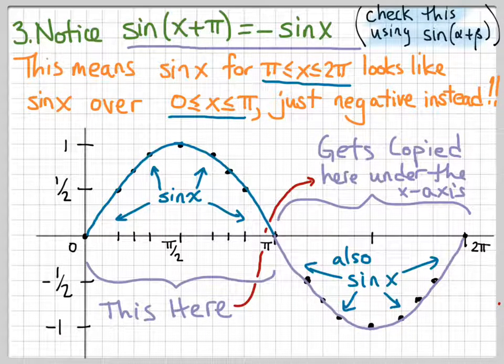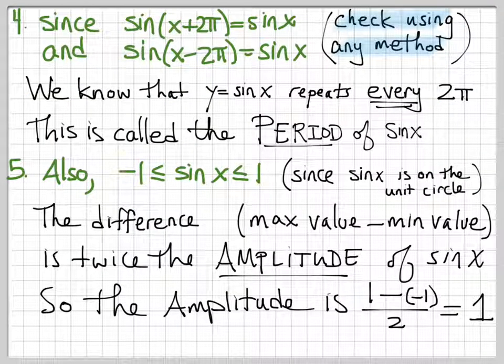Now, we're obviously, again, not totally done, because sine can take on values bigger than 2 pi. We can plug in values bigger than 2 pi. We can plug in values smaller than 0. And so here's a couple more super useful facts. One is that anytime you add 2 pi or subtract 2 pi from one of our two basic trig values, sine and cosine, you get exactly the same thing. So if I do sine of pi over 6 and sine of 2 pi plus pi over 6, they're the same.